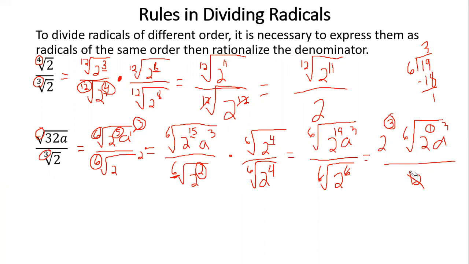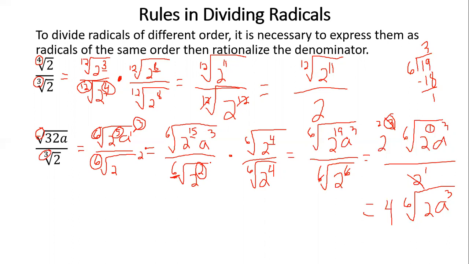Tanggalin po natin yon. Okay. So, magiging 2 na lang yan. So, this will give us a final answer of 4 times the 6th root of 2 a cube. Ayan. So, tapos na.